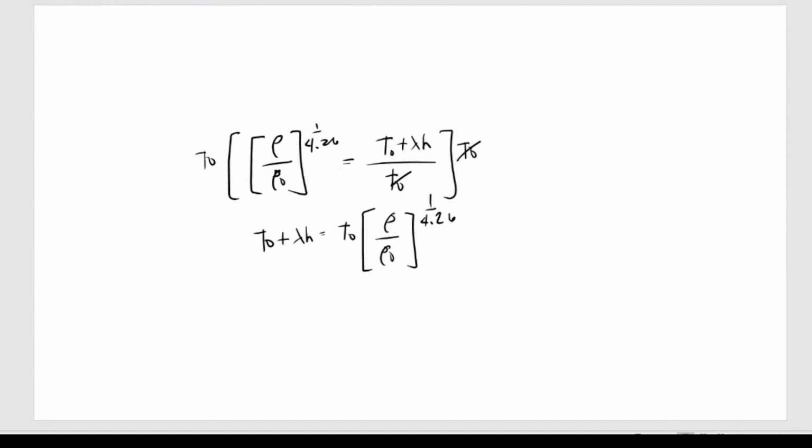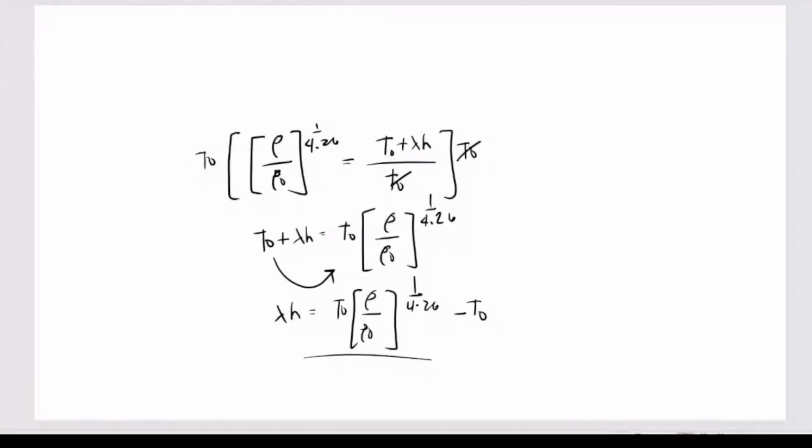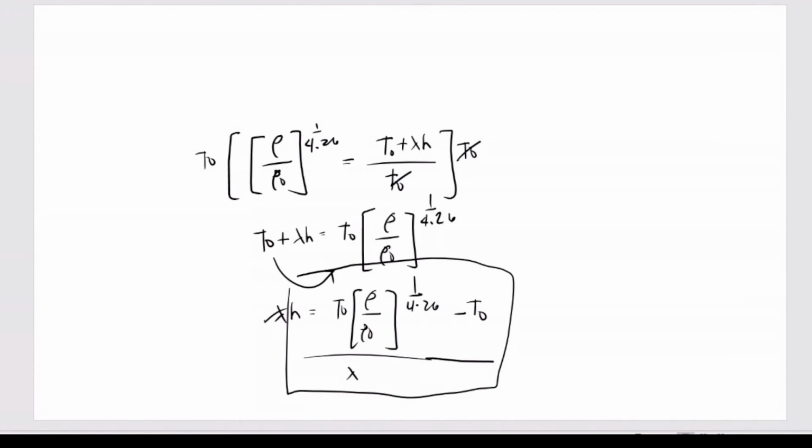And then, pwede natin itong ilipat sa kabila ang T sub O. So, lapse rate times the height is equal to T sub O times rho over rho sub O raised to 1 over 4.26 minus T sub O. And divide by lapse rate. So, ang equation mo is this one to get the density altitude.